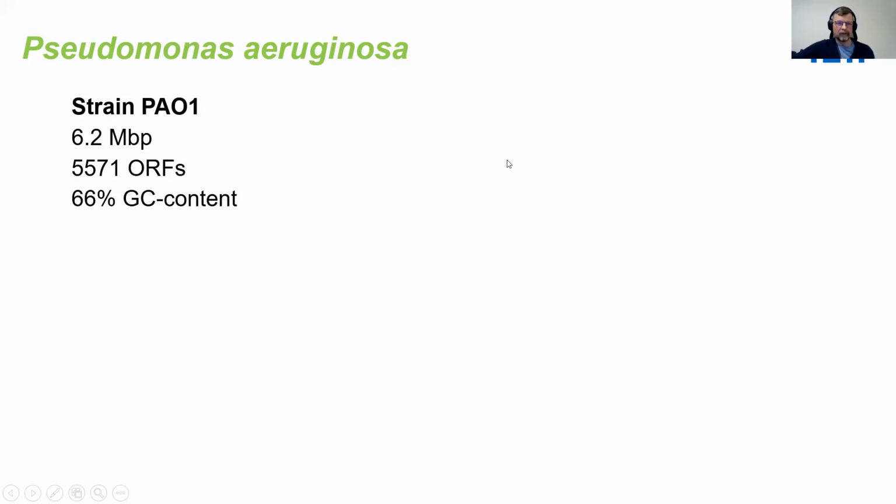We work with strain PA01. It has a genome of 6.2 megabase pairs, about 5,500 open reading frames, and a relatively high GC content, so 66% roundabout. E. coli, just to remind you, has about 50%.